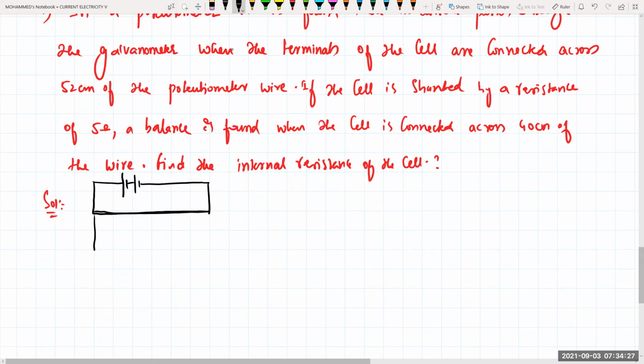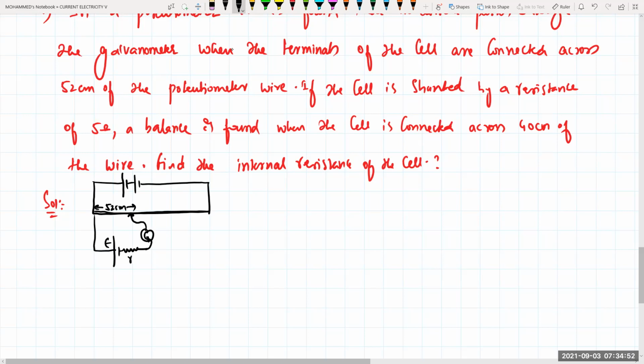To this we are connecting a cell, with its positive terminal, and here is its internal resistance, and a galvanometer is connected, and the jockey is balanced here. Clear? It is balanced at 52 centimeters, the galvanometer showing null deflection at 52 centimeter.